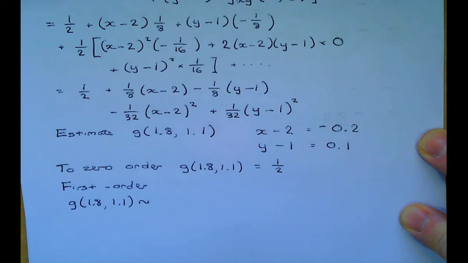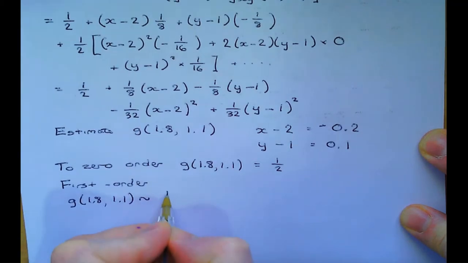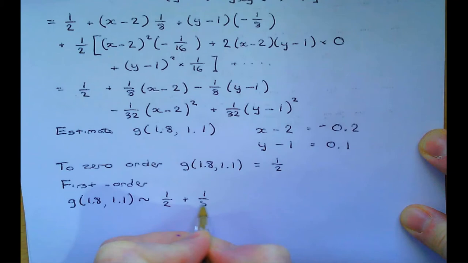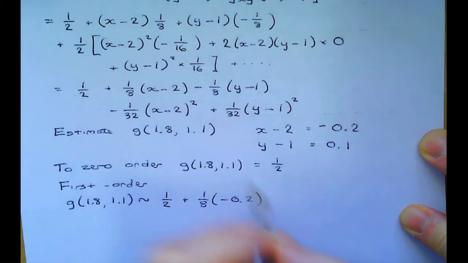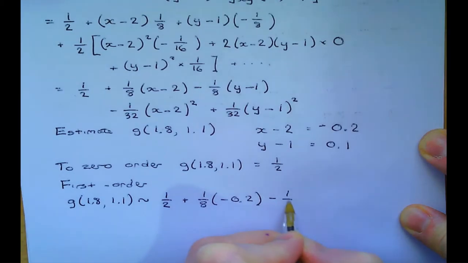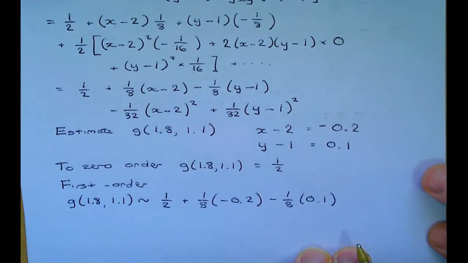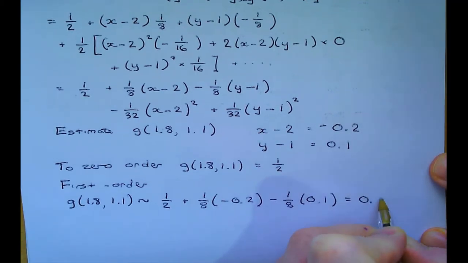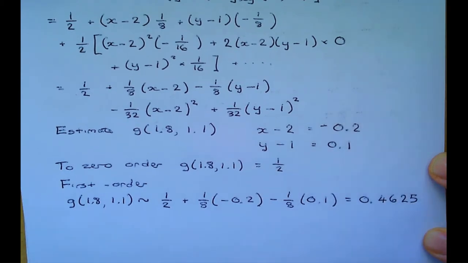G of 1.8 and 1.1 is approximately equal to 1/2 plus 1/8 of minus 0.2 minus 1/8 of 0.1. And when we work this out, 0.4625.